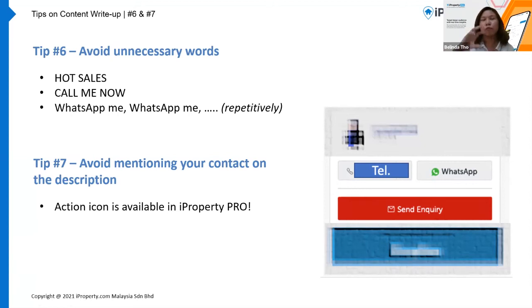This data will be translated into a report in iProperty Pro, namely the listing performance report, to tell you precisely how many people have dropped you an inquiry, whether it is from clicking the telephone number, WhatsApp, or inquiry. Got my point, everyone? So in order to help you get data which is valuable in your business, do let us handle this part for you.